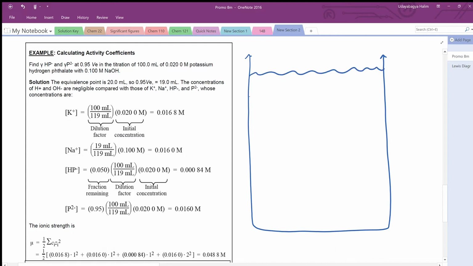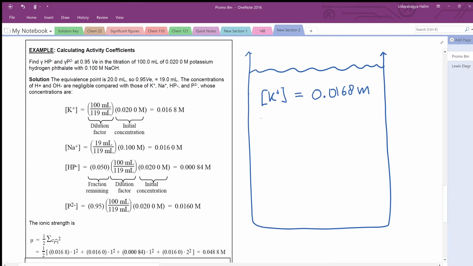In this problem, we have potassium ion, K plus, at a concentration of 0.0168 molar. There are also calculations like limiting reactant, theoretical yield, and the acid-base reaction, but for now I want to set those aside and just look at the species in solution. We also have a sodium ion, which is inert, at 0.0160 molar.